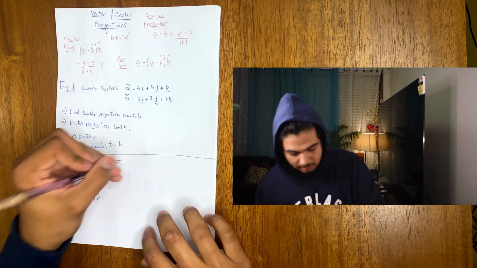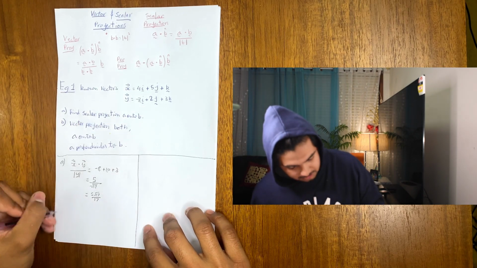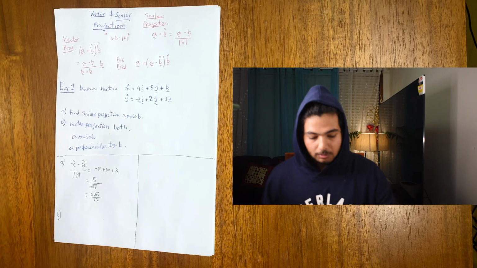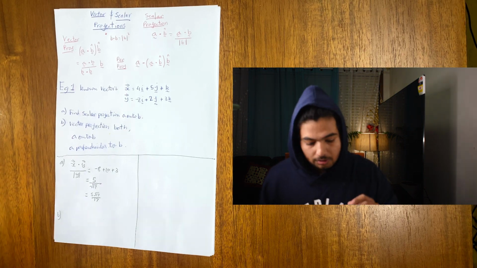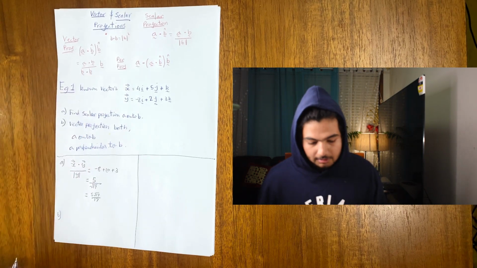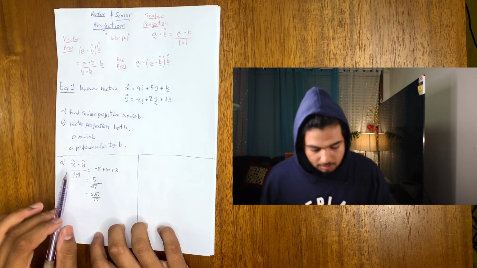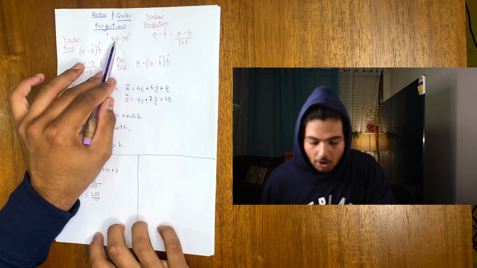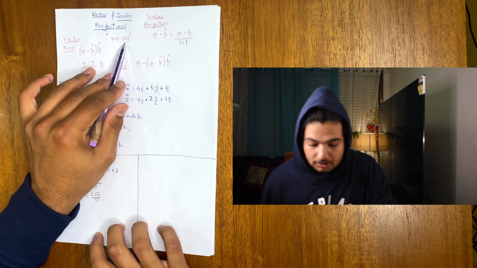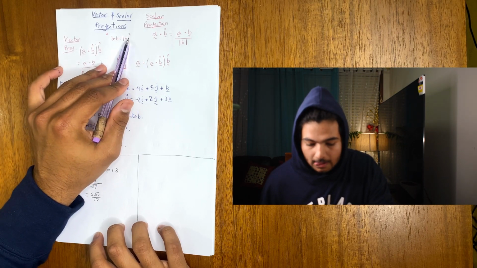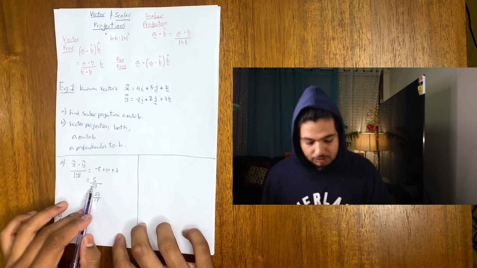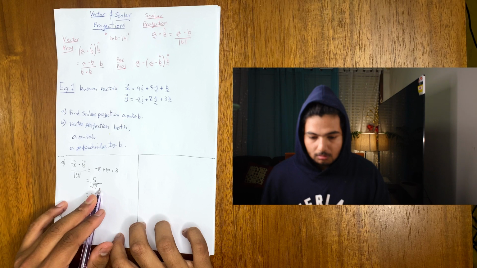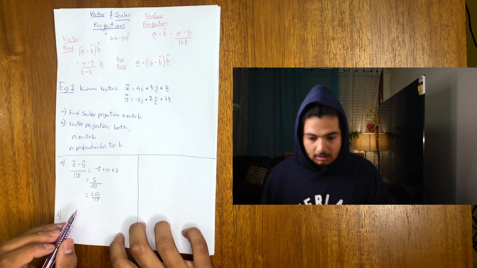Now let's do B. Vector projection of x onto y. We're going to use this formula. We already know what the dot product is. This thing over here, y dot y, equals the magnitude of y all squared. So root 17 multiplied by root 17 will just give me 17.